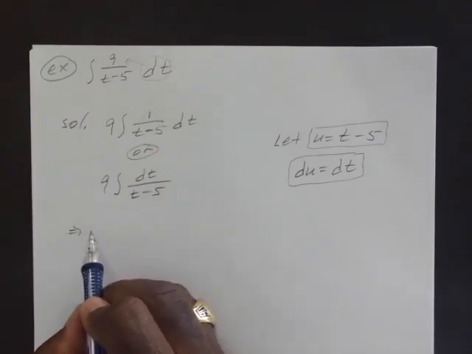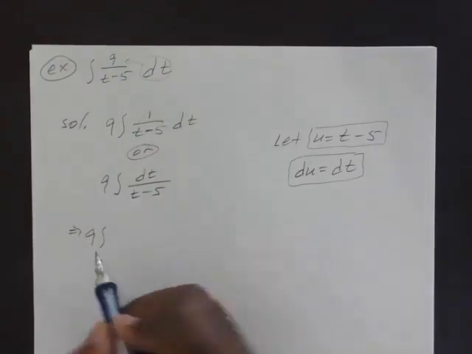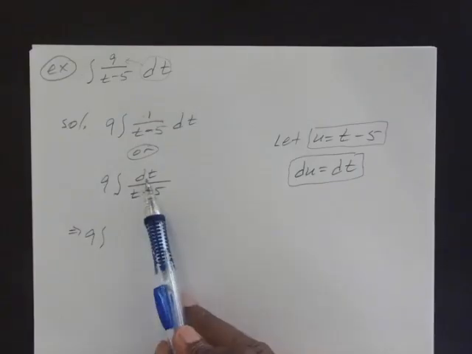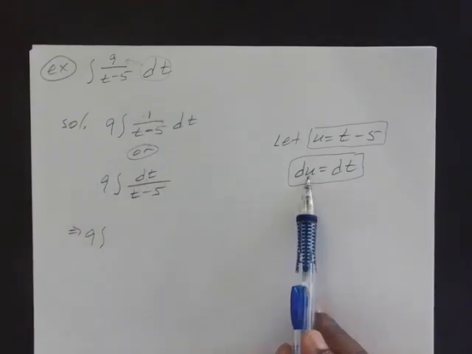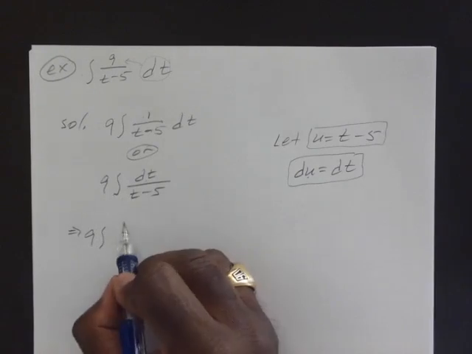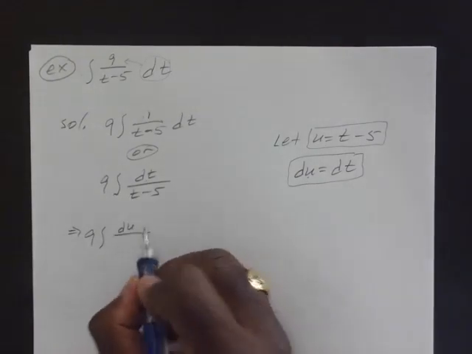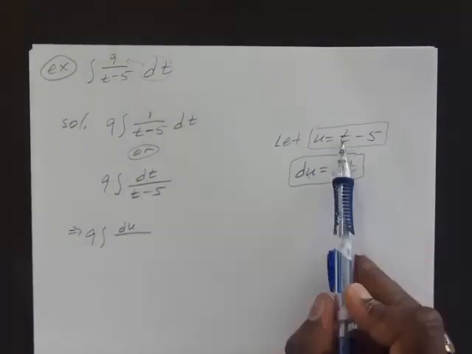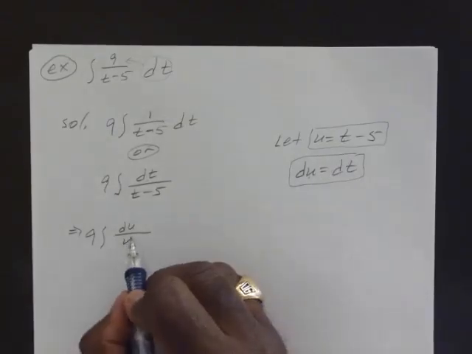So if you rewrite this, this is just 9 times the integral of dt. We can replace that with du, divided by t minus 5, we can just replace that with u.